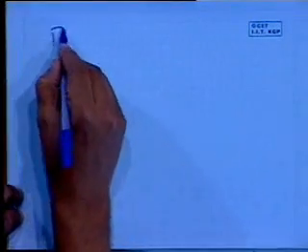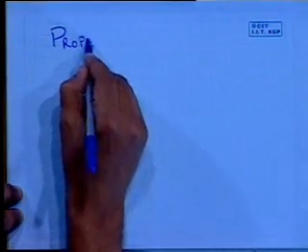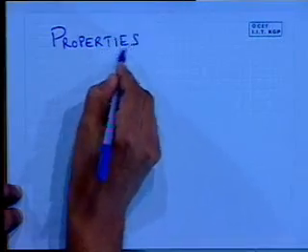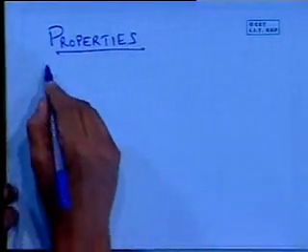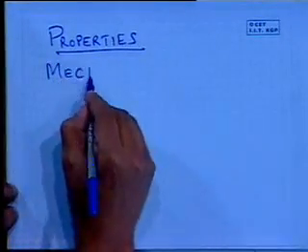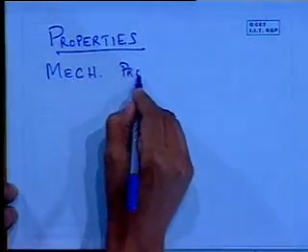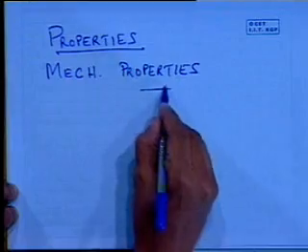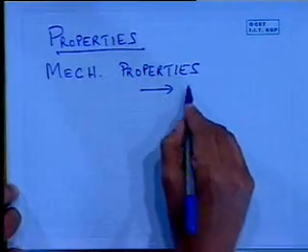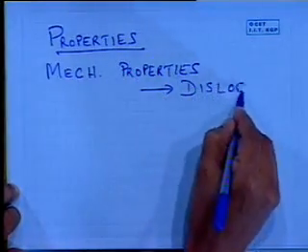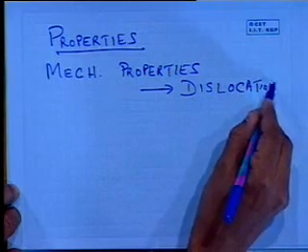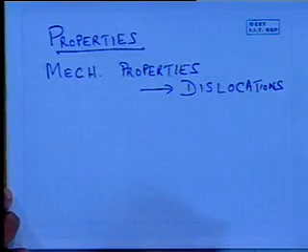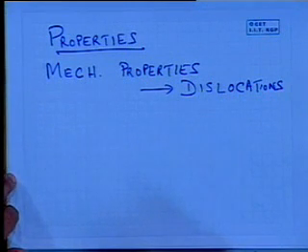For example, the various properties that we can deal with and look at its relationship with defects. Something that you're very familiar with: the mechanical properties of a crystal is significantly influenced by defects called dislocations, for example. In fact, dislocations are postulated to explain the mechanical properties of real materials.